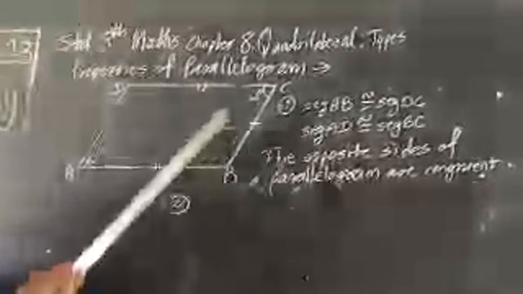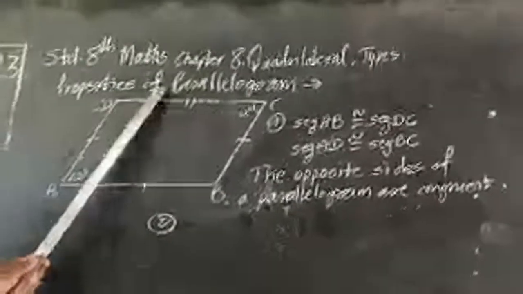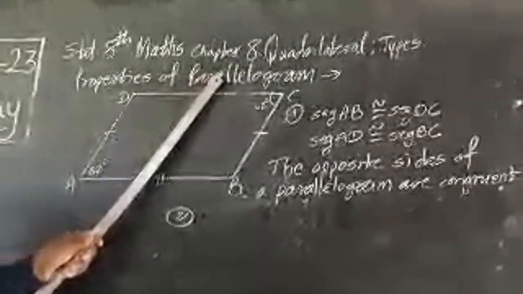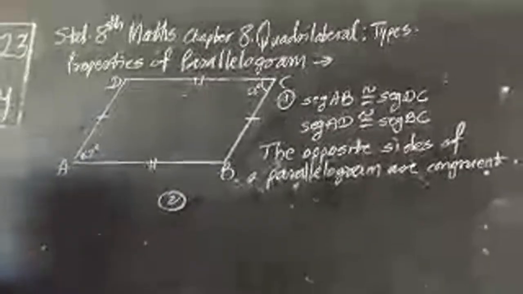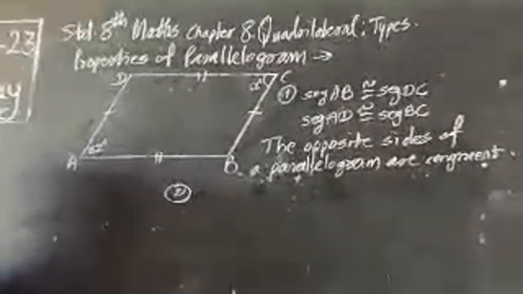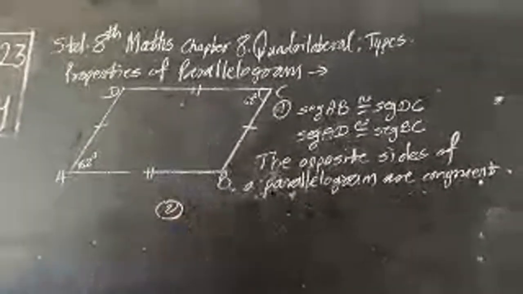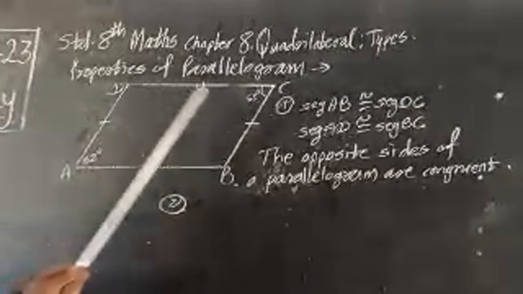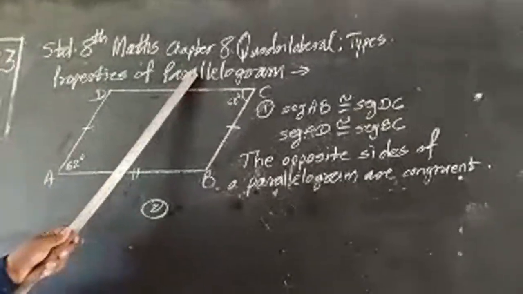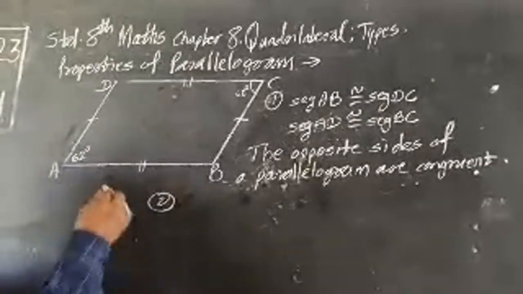Opposite angles. Tell the total sentence. Yes, correct. Opposite angles of a parallelogram are congruent.